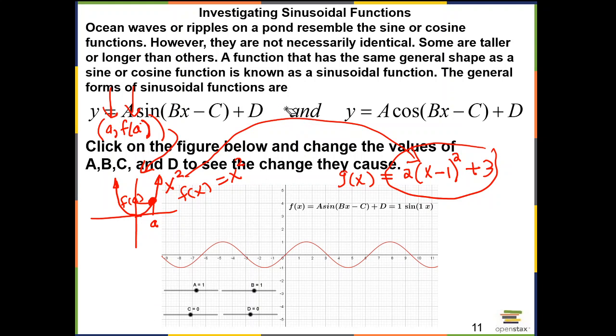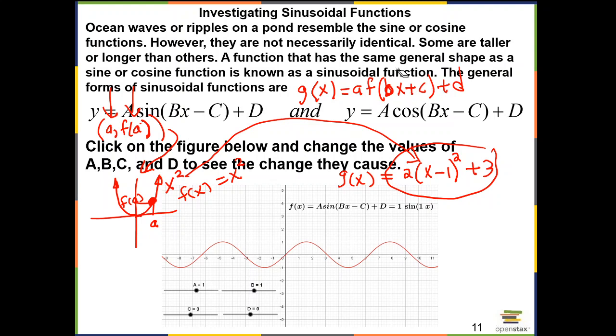But in general, if you have a new function and you multiply it by a bunch of numbers, let's say in algebra we said A f of (bx plus c) plus d, something like that. Here we use minus. I'll explain that in a second, but it doesn't really matter.